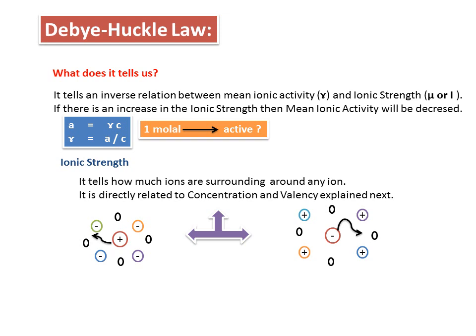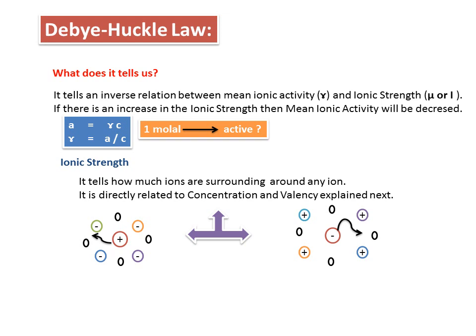So what is ionic strength? Basically it is the number of coordination, meaning how many surrounding ions are present around an ion.